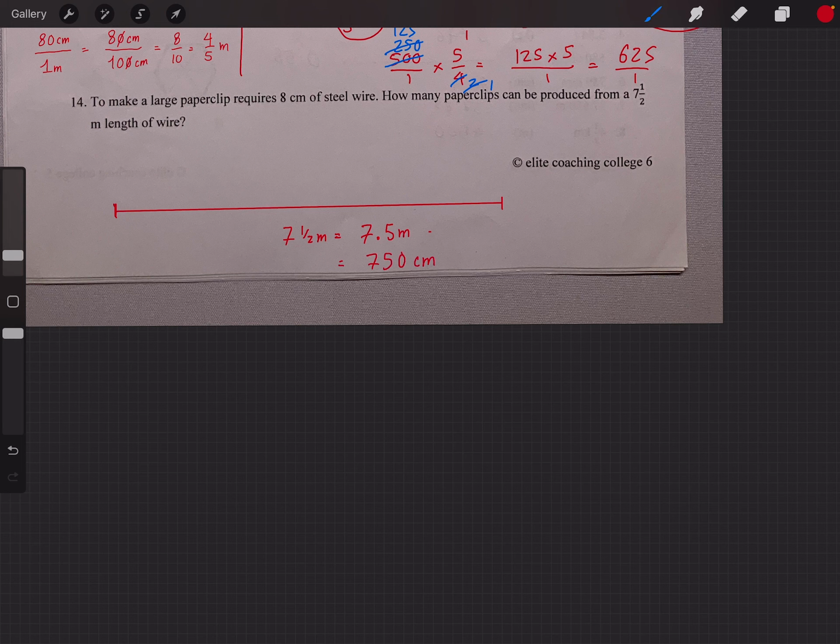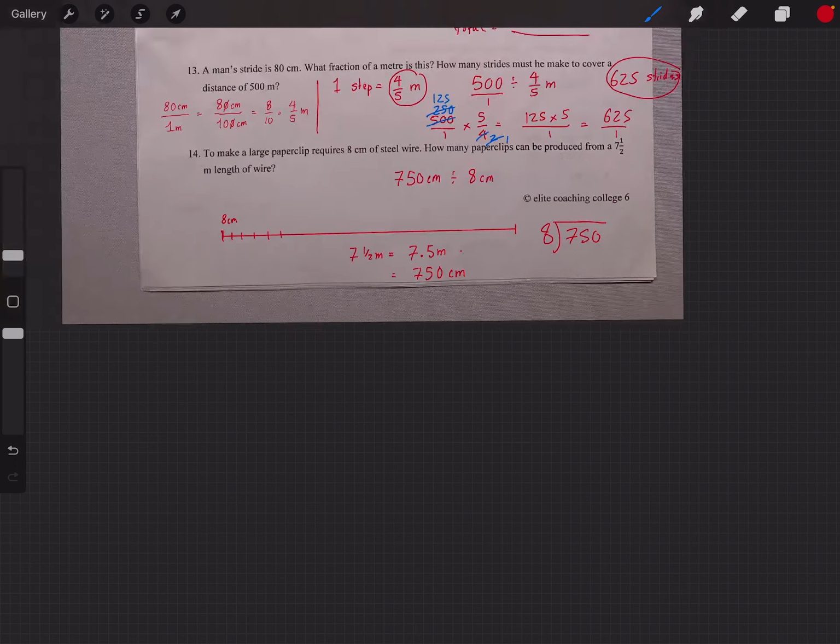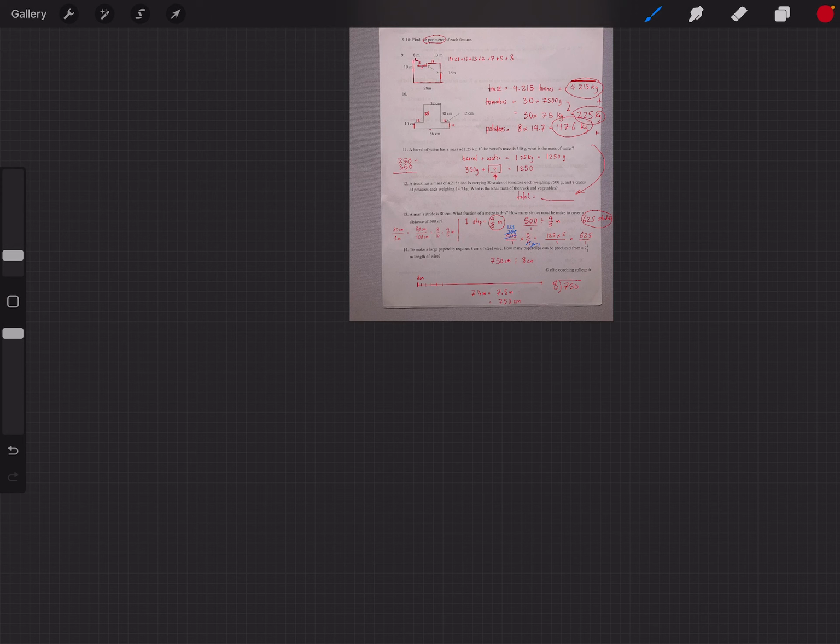Now the question is, how many of these 8 centimeters can we take from this length of steel wire? So just do division. Do 750 centimeters divided by 8 centimeters. So do long division, 750 divided by 8, and get the answer. Alright, I'm going to move on to the next one.